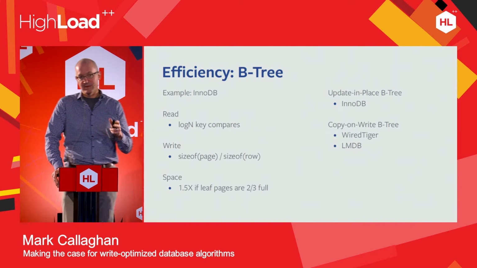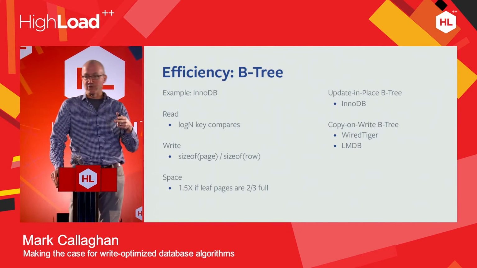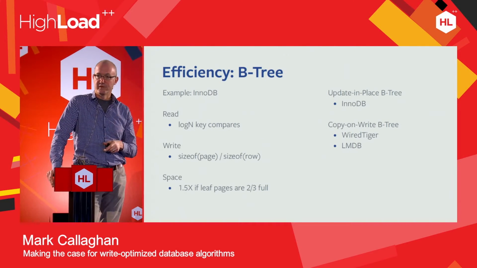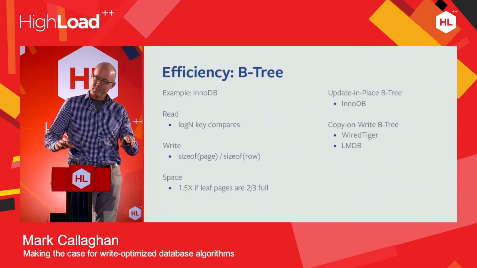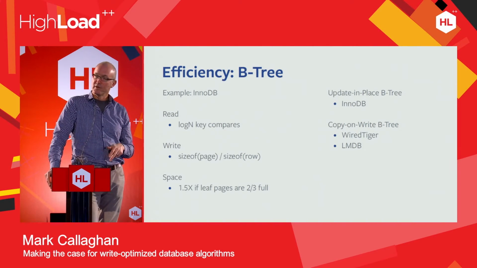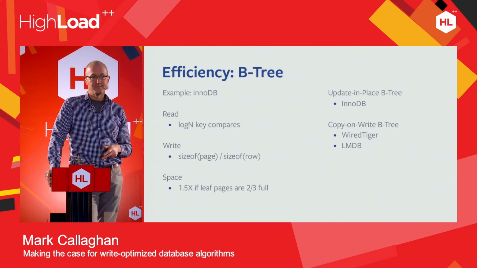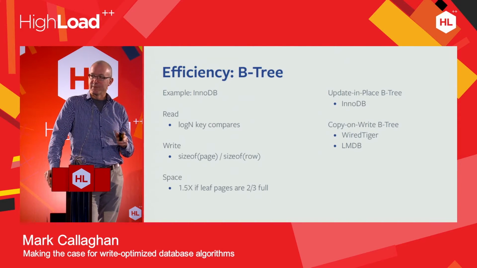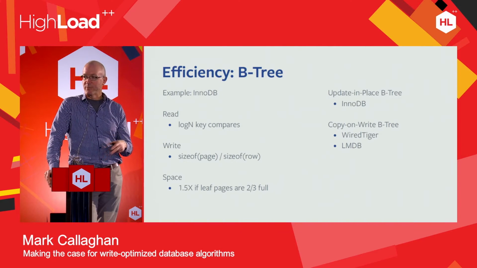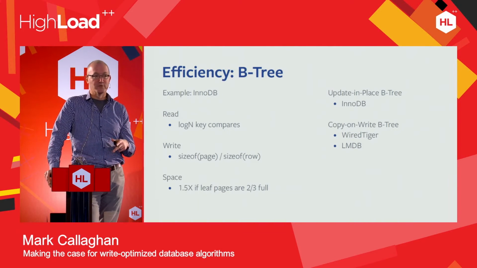Now, with InnoDB, it actually can be 2 times worse than this ratio because to protect against partial page writes, InnoDB uses something called the double write buffer, meaning we're doing twice the amount of I/O to write back pages. And so the real big difference for write amplification is that a B-tree writes back pages, while an LSM writes back and then rewrites rows.